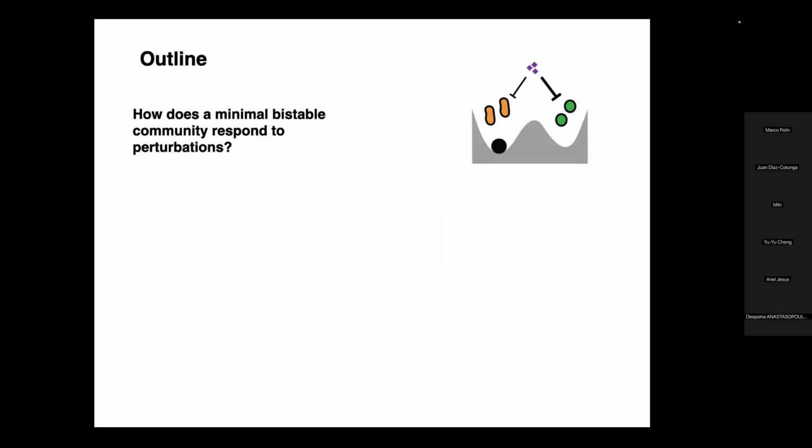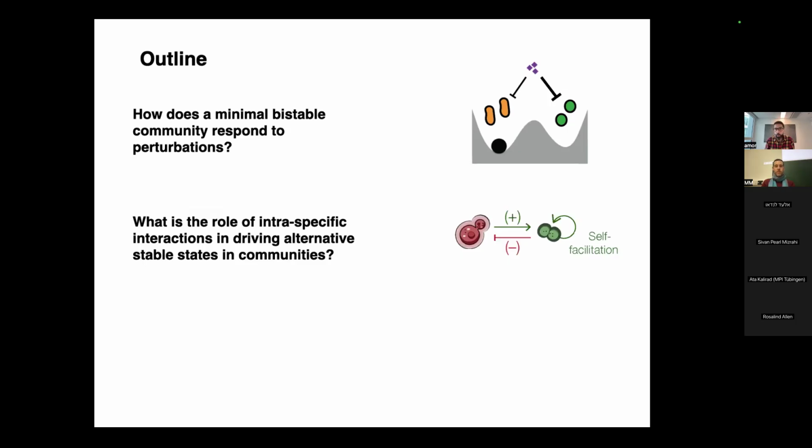Those works were trying to understand better the responses of microbial communities in the lab, the responses to perturbations, and also how, as we increase the complexity of the community, we can have not only different responses to perturbations, but also a change in the alternative stable states that the system can exhibit.